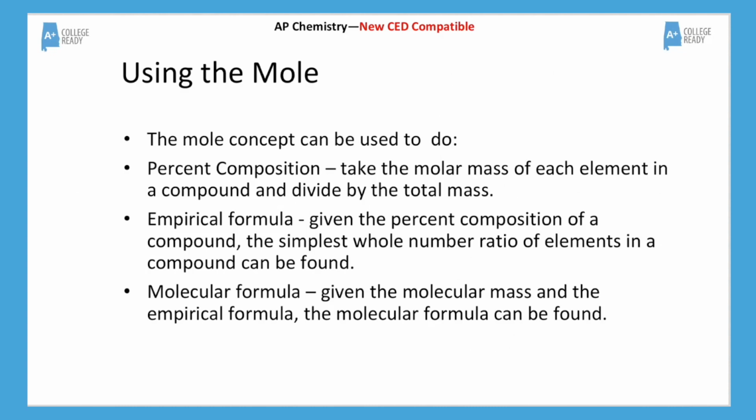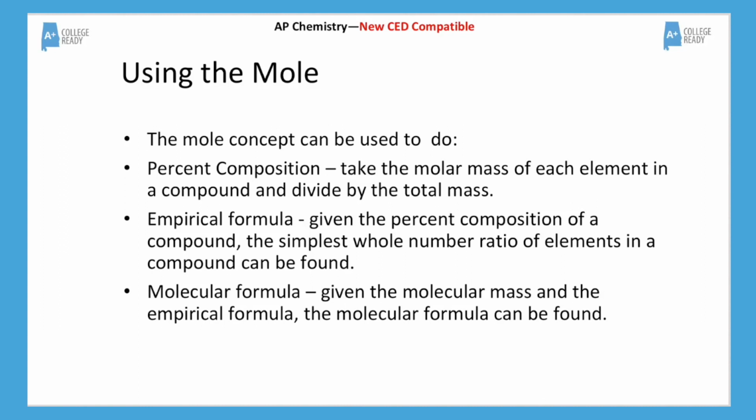So once we can do those simple calculations I mentioned on the previous slide, we'll be doing other things with them. So for percent composition, we'll need the molar mass of the elements that are in the compound to divide it by the total mass of the compound to figure out, maybe a percent of an element in a compound. Empirical formula is when we have percents, or maybe we don't even have percents.